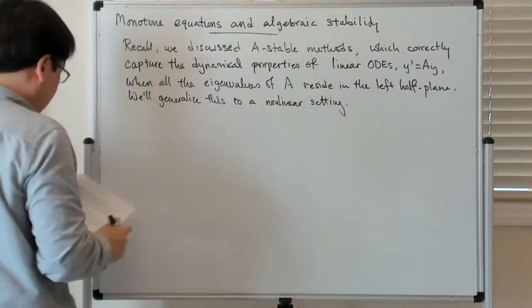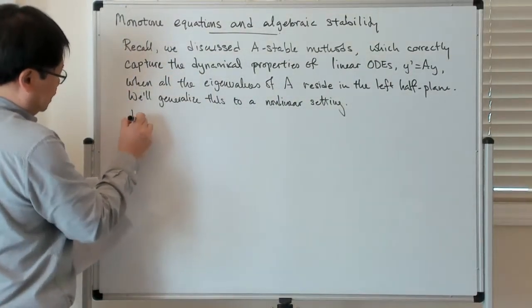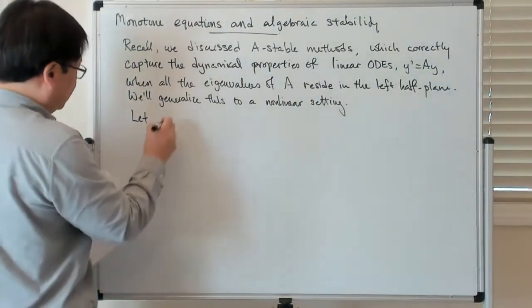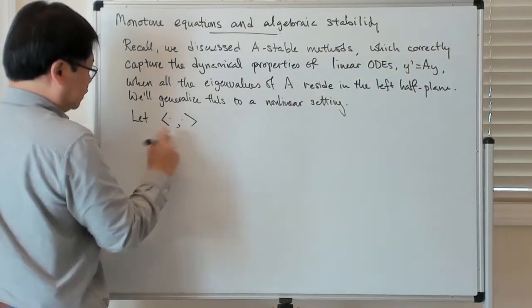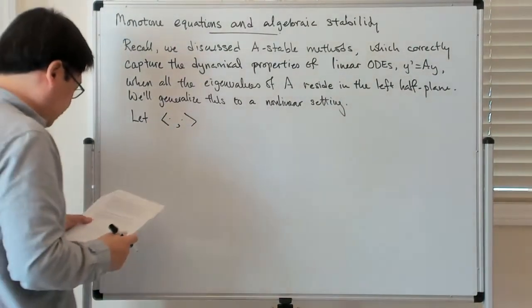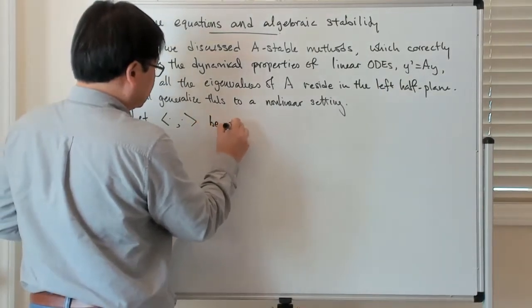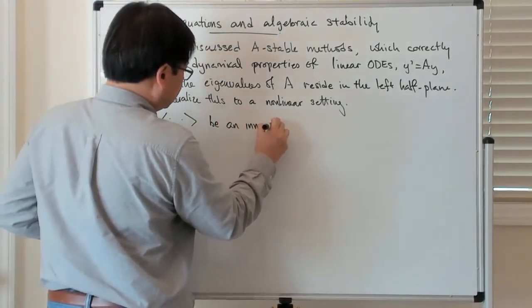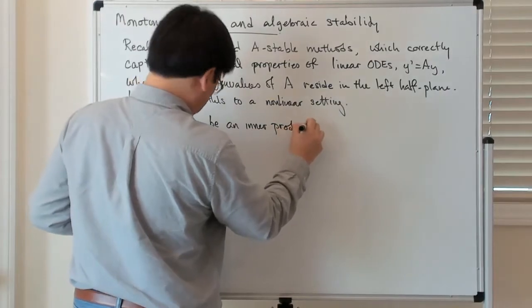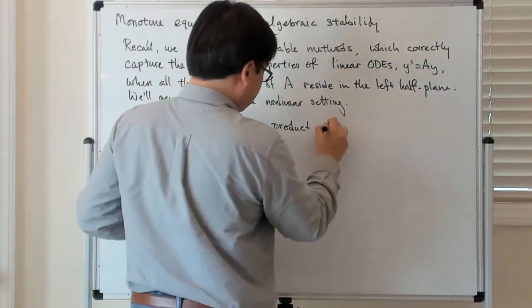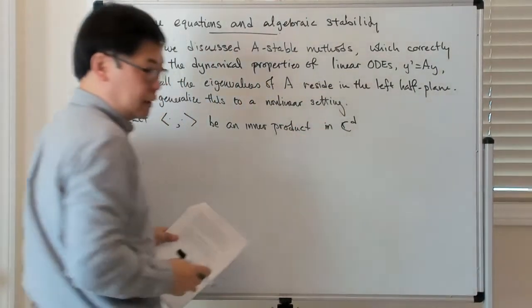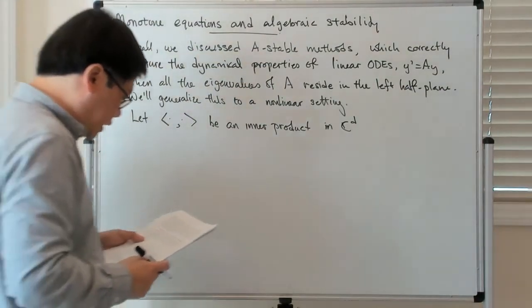Let's set this up. Let's say that you have an inner product denoted by these angular brackets, and this is an inner product on C^d, d copies of the complex numbers.